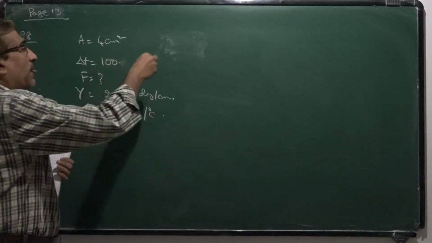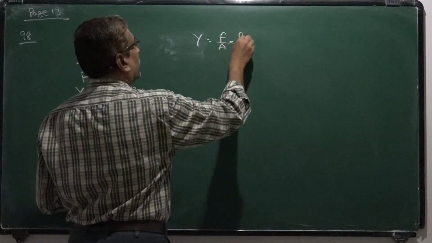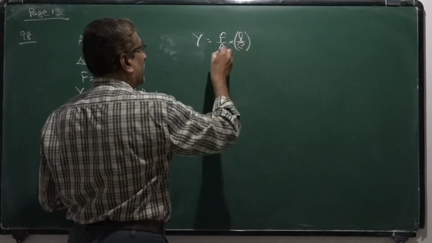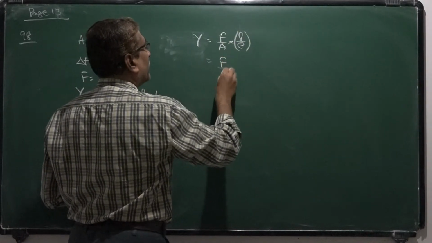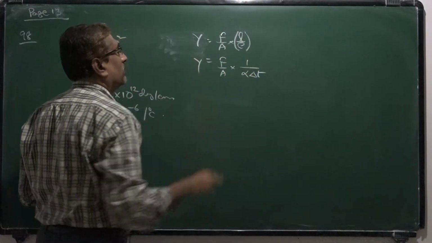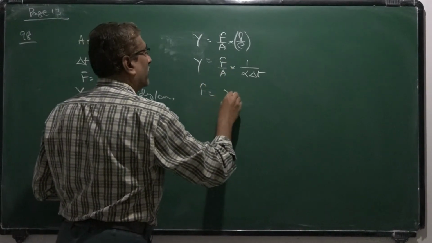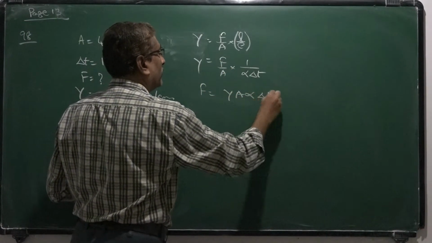So Y is equal to F by A into L by delta L. So delta L by L can be written as F by A into 1 by Y, which equals alpha delta T. From this you have to calculate F. So F equals Y A alpha delta T.